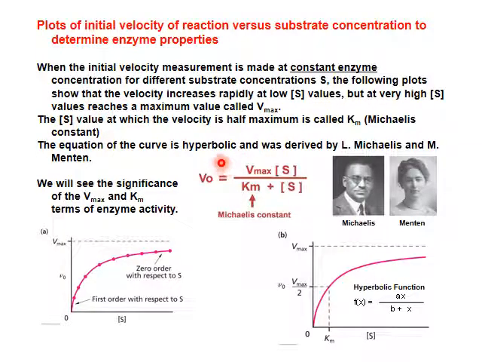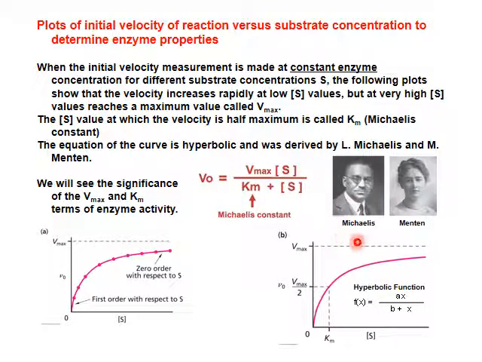So how do we get these other rate constants for these reactions? Because we need to characterize the binding event and the catalytic rate constant as well. Michaelis and Menten are the two who came up with a way to do enzyme catalyzed reactions and characterize their properties and kinetic parameters.